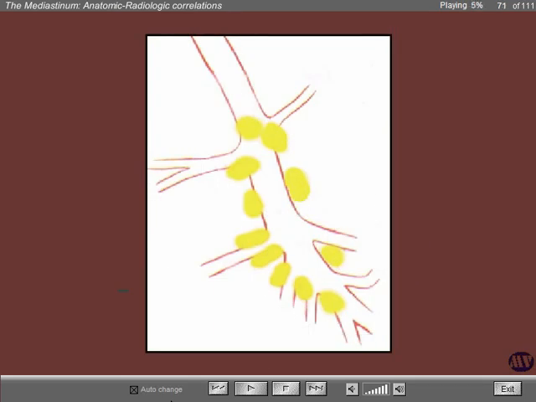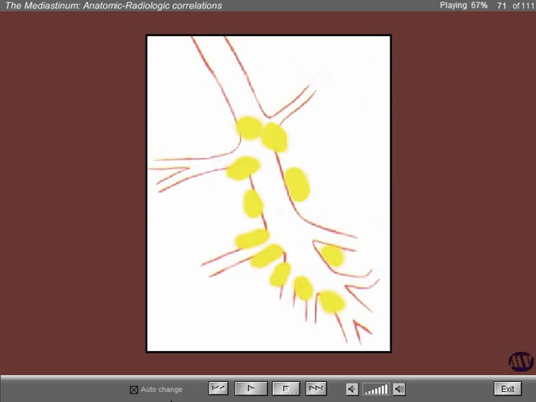These are paratracheal and peribronchial lymph nodes. They're usually small. They occur usually at the bifurcations of the trachea and bronchi, and only become radiographically apparent when they exceed 1.5 to 2 centimeters in diameter.